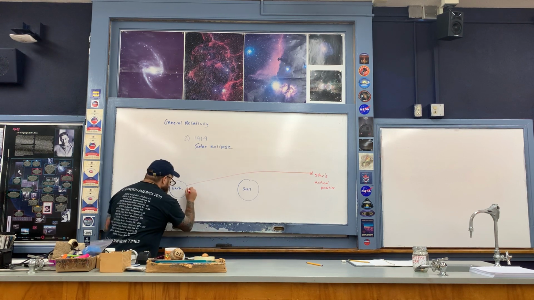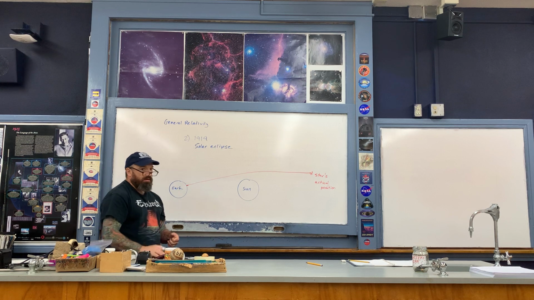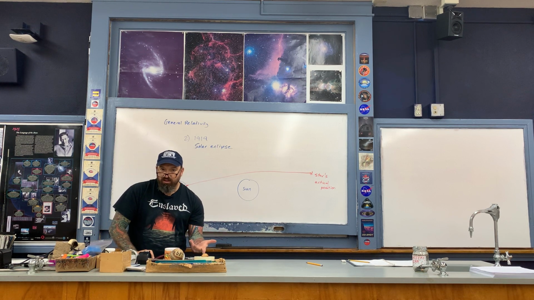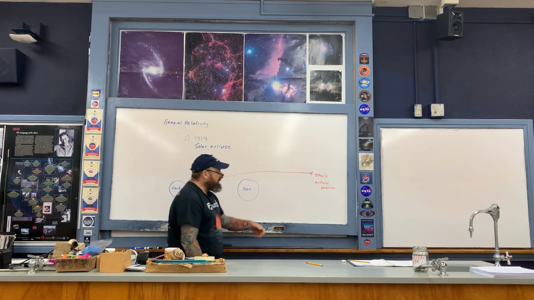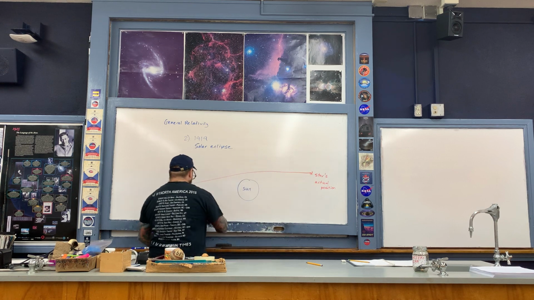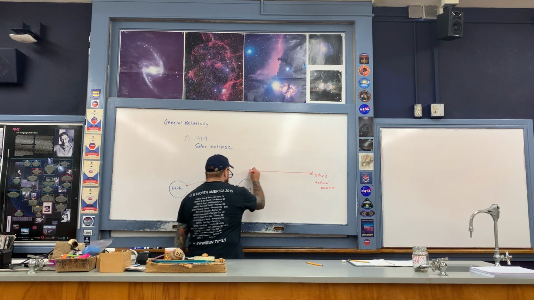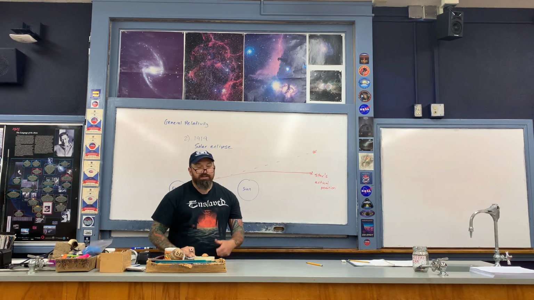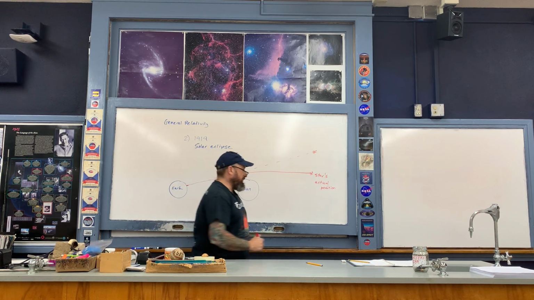And then let's say that we have an observer right here on the Earth. Notice the direction that the observer is looking when that person looks at the star. The person doesn't see the star as if it's here. Instead, the observer is looking in this direction, like so. This is the star's apparent position.